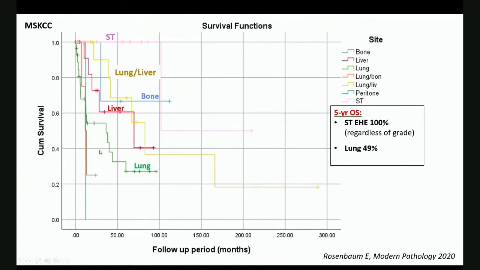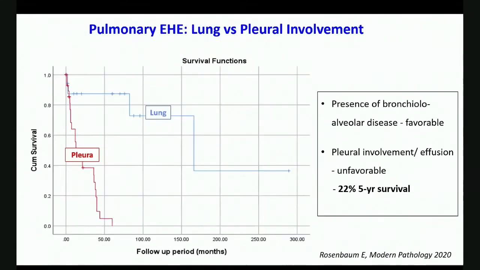In contrast, patients with lung EHE had only 49% 5-year overall survival. Dissecting further within the thoracic presentation, EHE with pleural involvement had even worse outcome, with only 22% of patients being alive at 5 years, similar to high-grade sarcomas such as angiosarcoma.